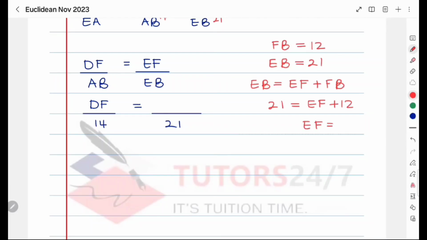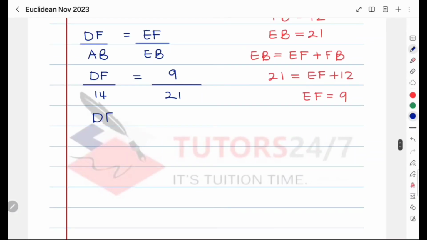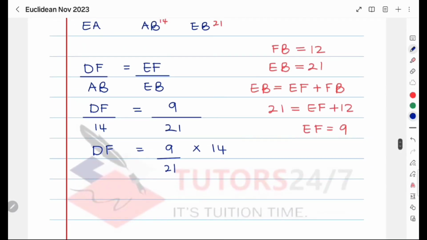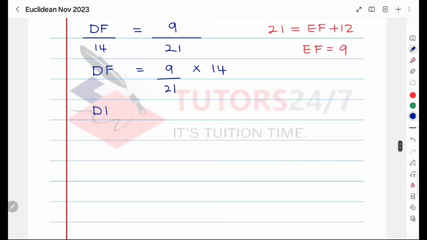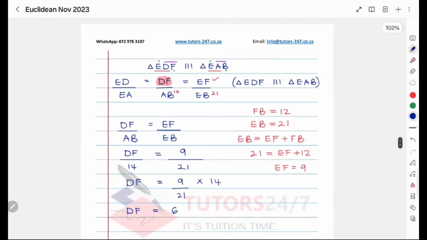Therefore, EF is equal to 21 minus 12, and that gives us 9. From here, we can substitute 9. We're then going to multiply by 14 on both sides. Alternatively, you can cross multiply. That is also acceptable. We can put this into our calculator, and we therefore have DF as equal to 6 units. So we've now calculated DF.